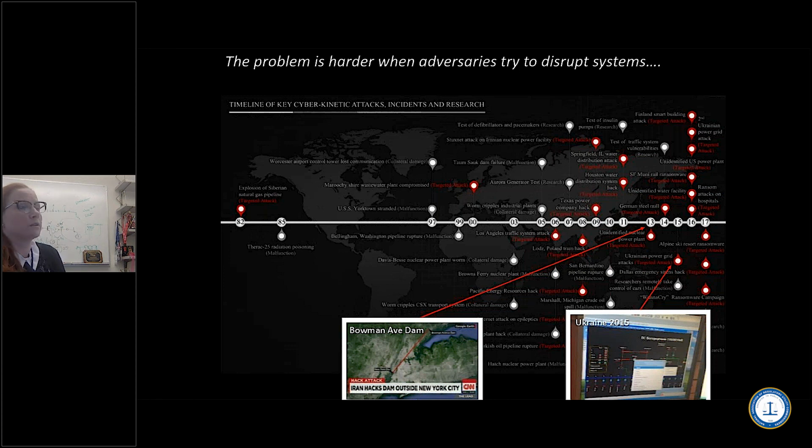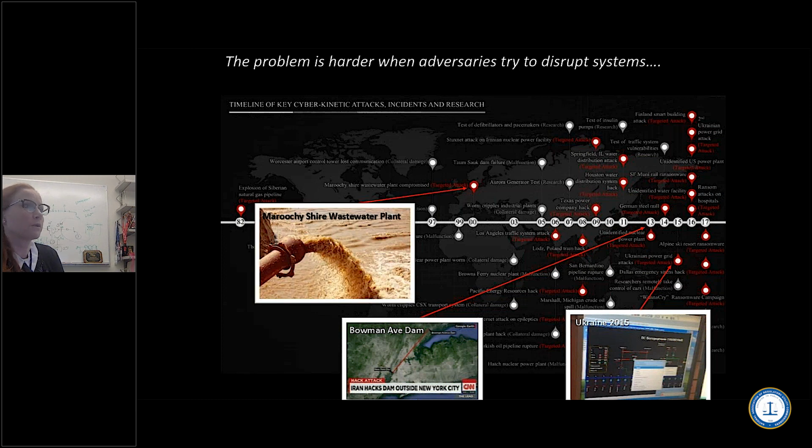And also the most interesting one recently, that we talk about frequently, is the Triton attack, where generally that was the first example of an adversary attacking a system that could have an impact that would be loss of human life. So attacks are becoming more serious. There's far more of them happening than are always talked about on the news.